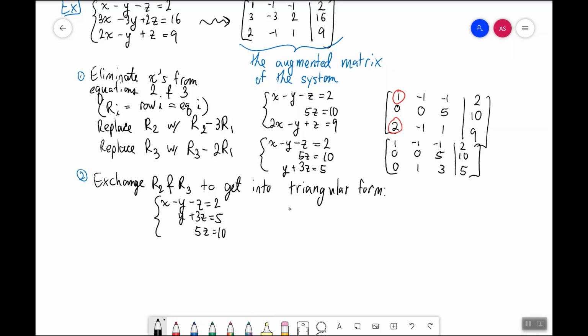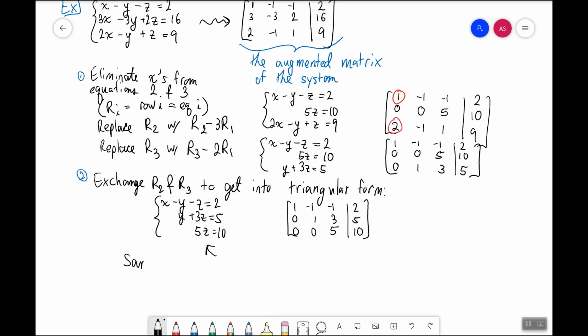And for the augmented matrix, I'm going to get 1, minus 1, minus 1, 2, 0, 1, 3, 5, and 0, 0, 5, 10. But if you notice, this system here is exactly the same triangular system as in the last video.